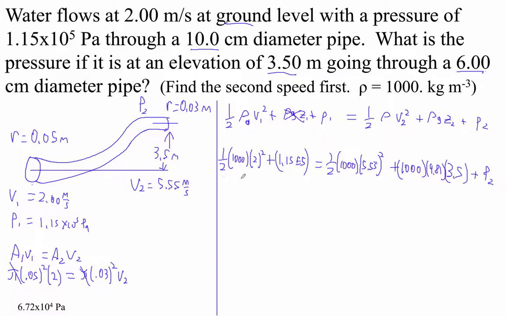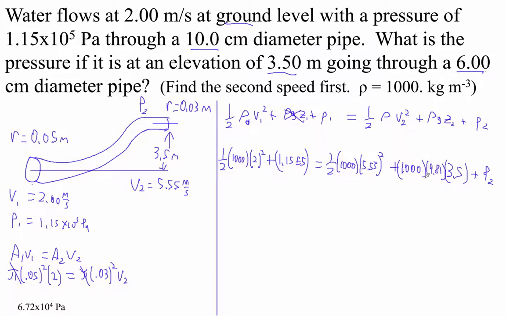Okay, so I'm going to start on this side. I'm going to go 0.5 times 1,000 times 2 squared plus 1.15 E5. Now I'm going to subtract this term, minus 0.5 times 1,000 times the number I just got, squared.